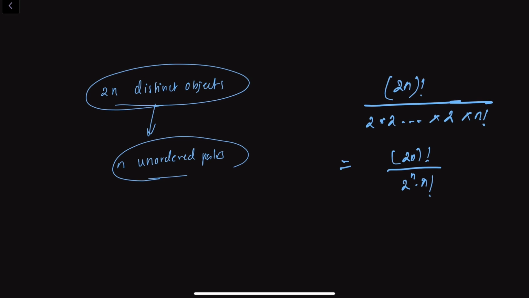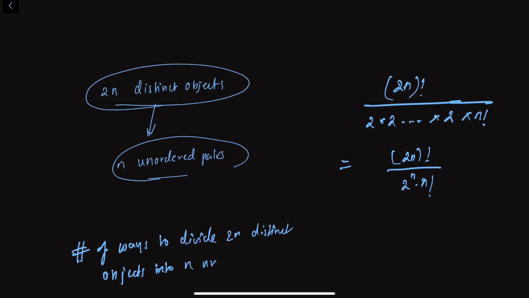This is the number of ways to divide 2n distinct objects into n unordered pairs, and it is also written with double factorial notation, which few books use. So this is 2n minus 1 double factorial.